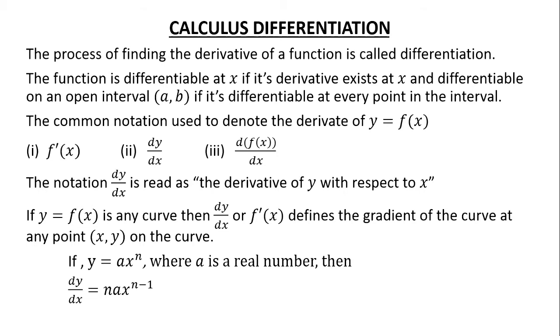So when you are given y equal to a x to the power n, you have to multiply n times the coefficient a of x to the power n and then subtract 1 from the power, giving n minus 1.